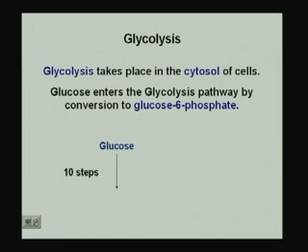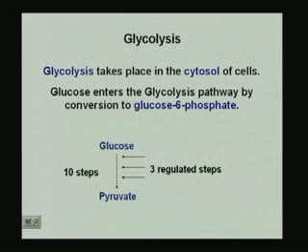There are 10 steps involved, which means there are 10 enzymes involved, and we have 3 steps that are regulated in the formation of pyruvate from glucose in the 10 steps that form the process of glycolysis. Okay? So, we have glucose go to pyruvate in 10 steps, and we have 3 of those steps that are regulated, and it is occurring in the cytosol of the cells. If we do not have oxygen, then this pyruvate forms lactate. Okay?